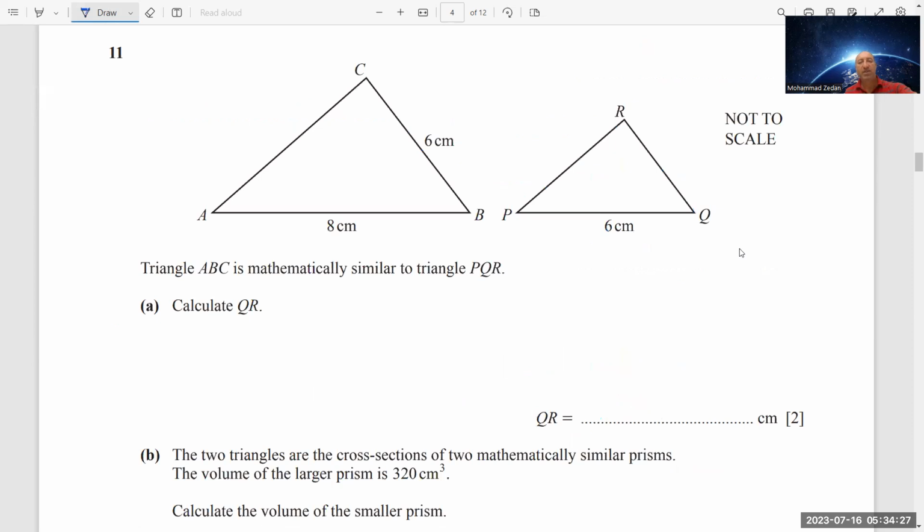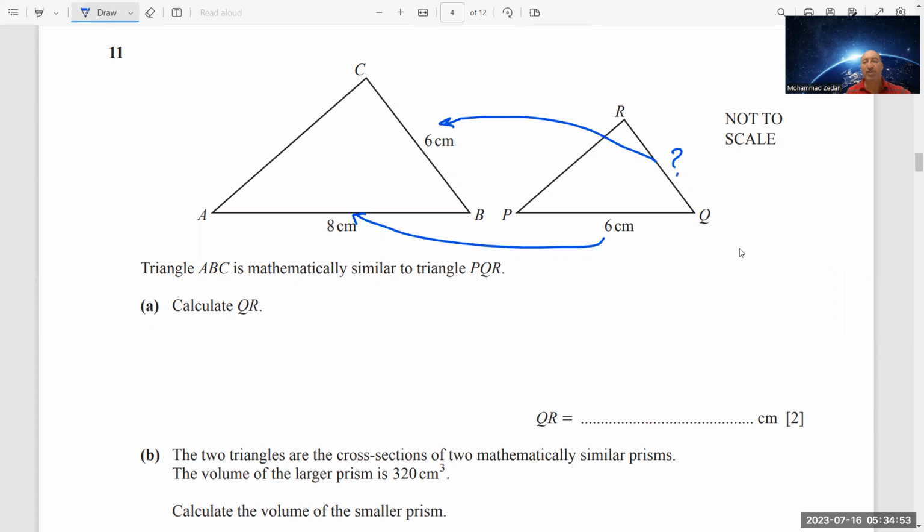I have similar triangles given some lengths of some sides here. I'd like to calculate the QR. QR, this side, you want to find. One main property of mathematically similar shapes is that the corresponding sides are proportional. It means QR over the corresponding side 6 equals another side, for example, 6 over 8.